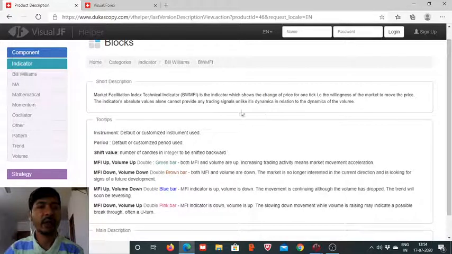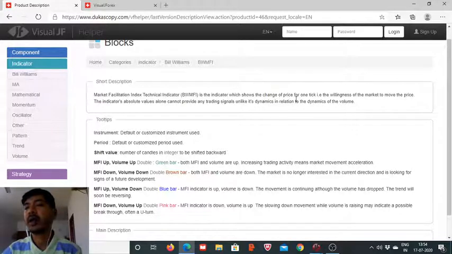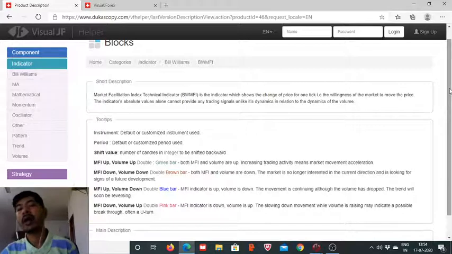If you consider the brief description, this is the indicator which helps you determine the change of price and the underlying force, and it gives you the volume's impact on the movement. When you consider the output values, these four output values don't really give you any idea of the possible upside or downside momentum.